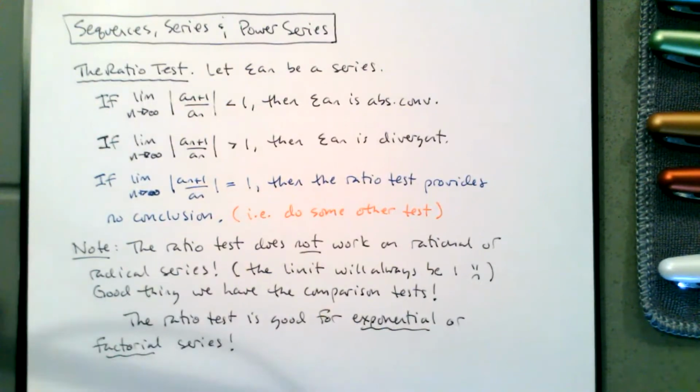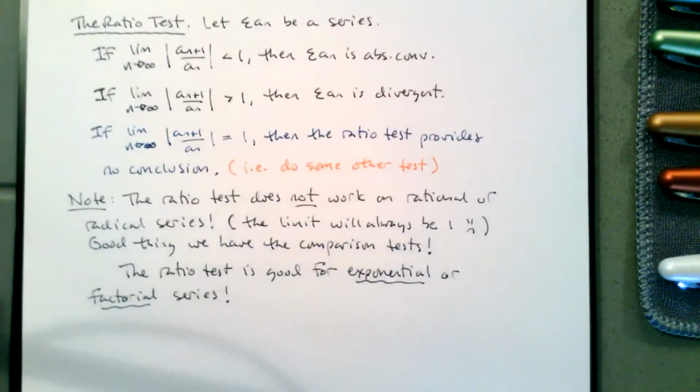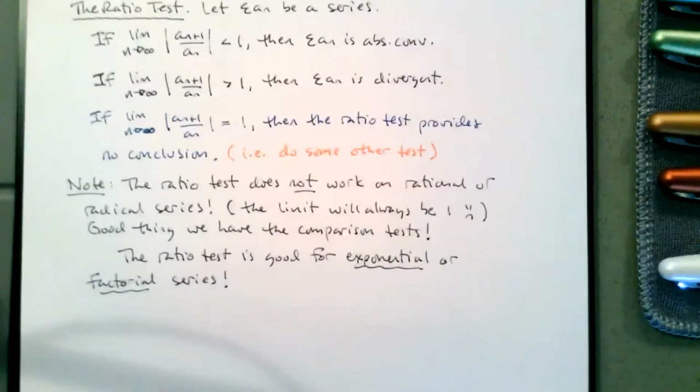The ratio test is really good at series with terms that are exponential or factorial in nature. I'm just going to keep saying exponential and factorial series.